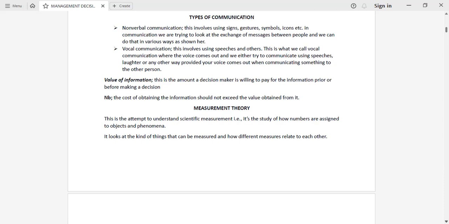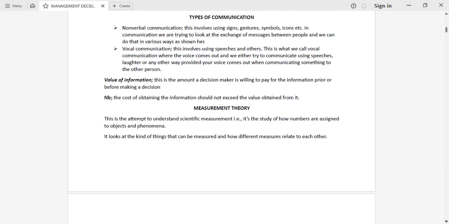That is going to be delivering information, because in communication we are trying to look at the exchange of messages between people, and we can do that in various ways as shown above.